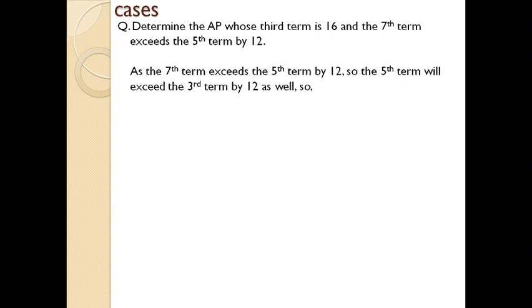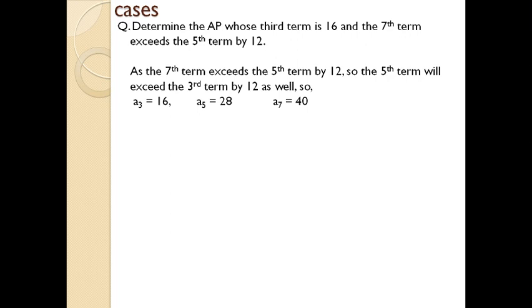So the seventh term exceeds the fifth term by 12, already given in the question, and on that basis we can say there is a difference of 12 between the fifth and the third term. Now we have A3 equal to 16, A5 equal to 28, A7 equal to 40. These are not given in the question; we found them from the details in the question.